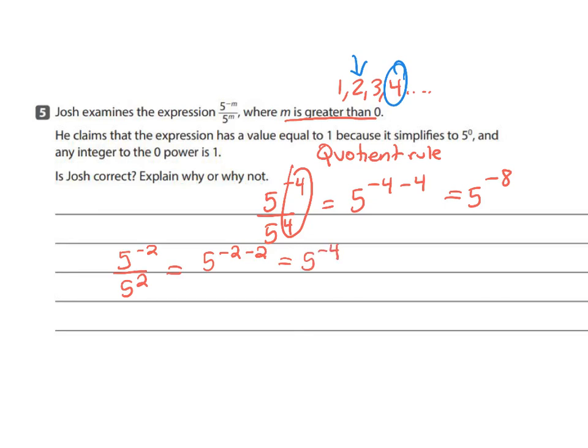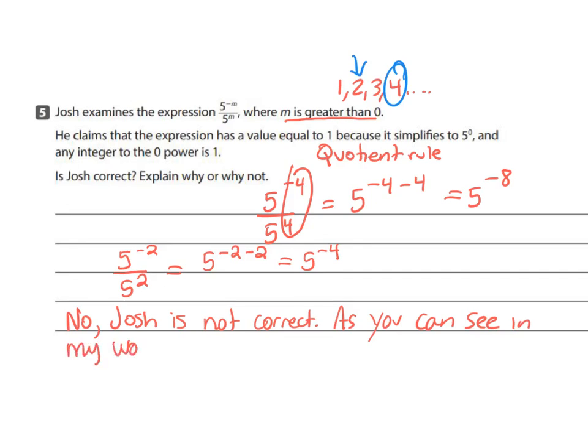I think he's made a mistake in his sign. So is he correct? I would say no, he's not correct. So no, Josh is not correct. As you can see in my work, he made a mistake with his sign.